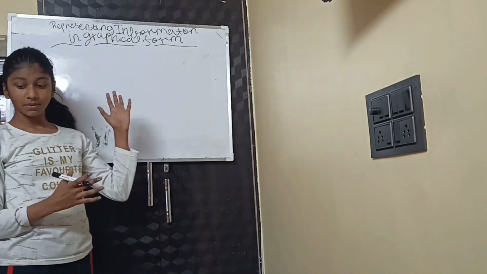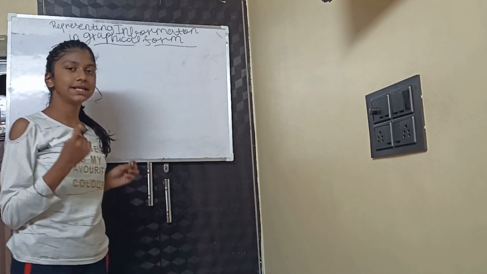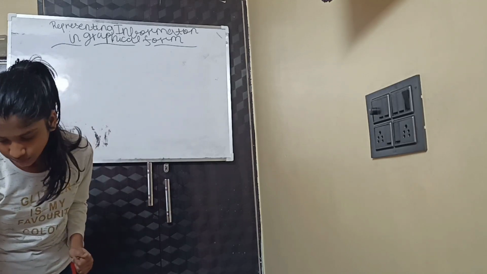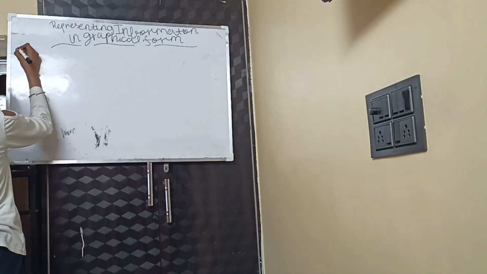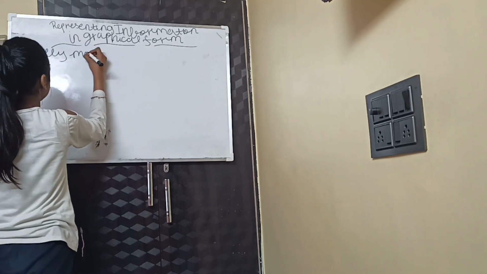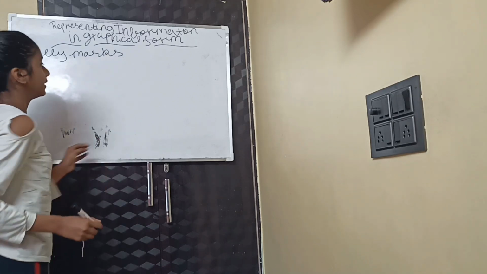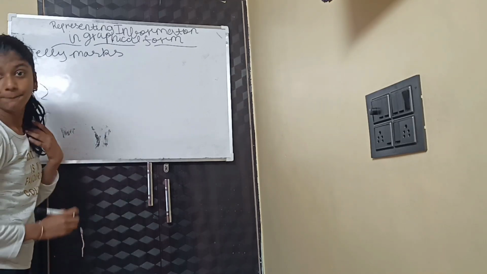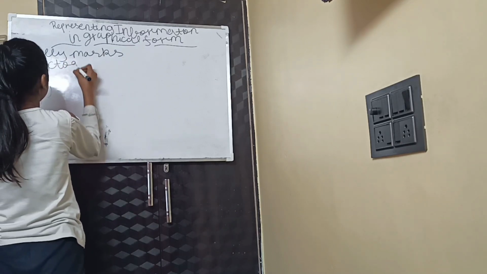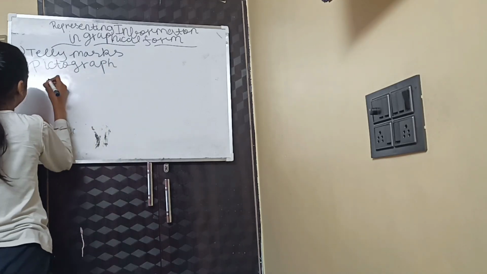Okay guys. In this chapter we have many different topics to learn. First, let's see what topics there are. First of all, we have tally marks. Then the second one is pictograph. Third one is bar graph.